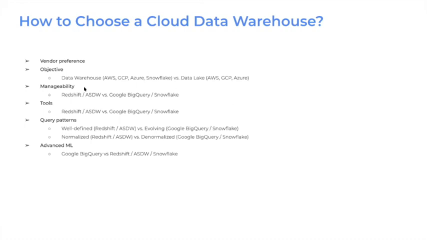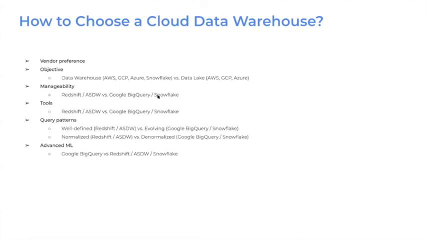From a manageability point of view, Redshift and Azure SQL Data Warehouse have a somewhat similar design, because of which they present similar manageability challenges for teams who are not so well versed in managing such systems.